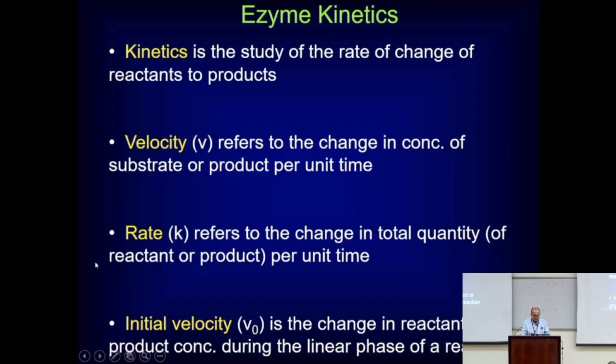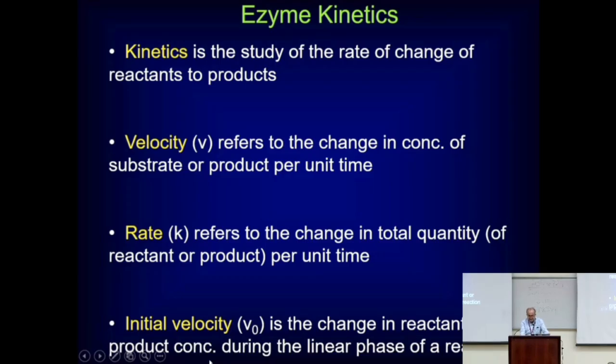Alternatively, there's something called rate, which expresses the total amount of substrate converted per unit time. The most useful one here is velocity. We will talk about that a lot. Change in concentration of substrate or product per unit time.